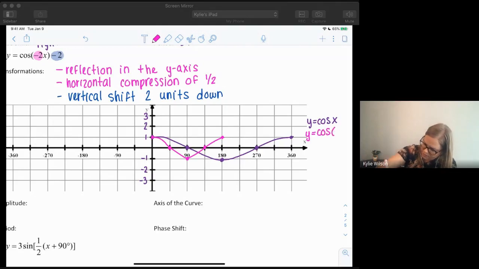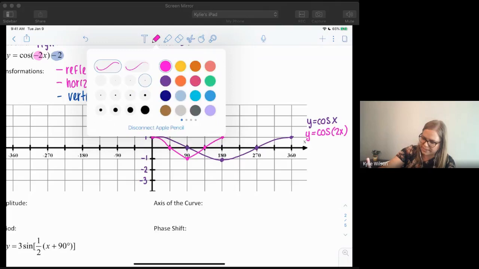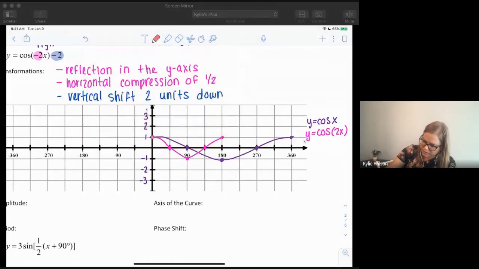That's just cosine 2x, like this. And now let's reflect it in the y-axis. So I'm going to have one there, one here. There we go. I'll label that one y equals cosine of negative 2x. And now I do my vertical shift 2 units down.